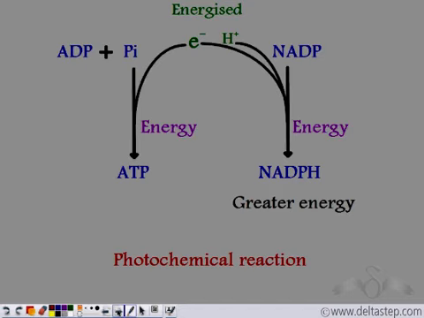In this chemical reaction, ATP and NADPH are formed in the cell using the highly energized electrons and H+ ions from photolysis, that is the breakdown of water in presence of light. Thus, this reaction is known as photochemical reaction.